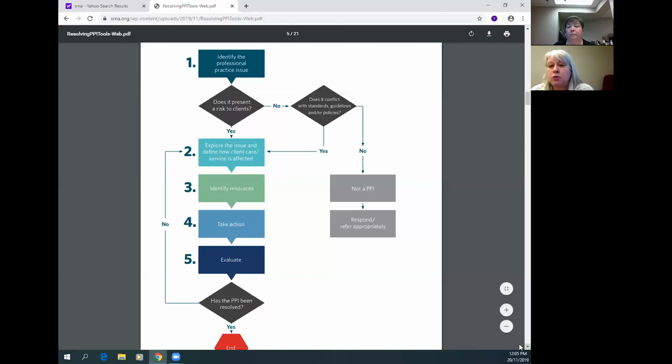This tool is meant to be used either individually by RNs or by a group of like-minded RNs who all identify, hey, you know what, yes, this is presenting risk and it's something that we need to have addressed.